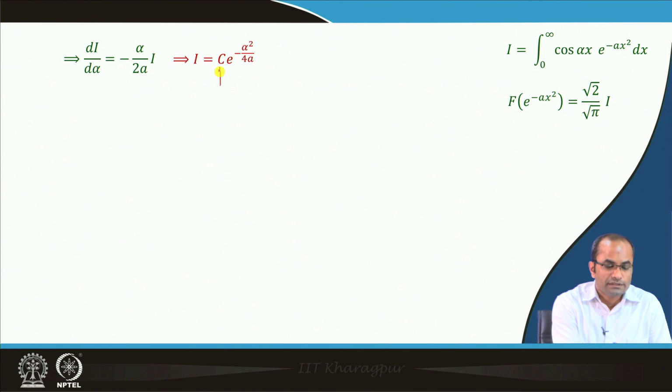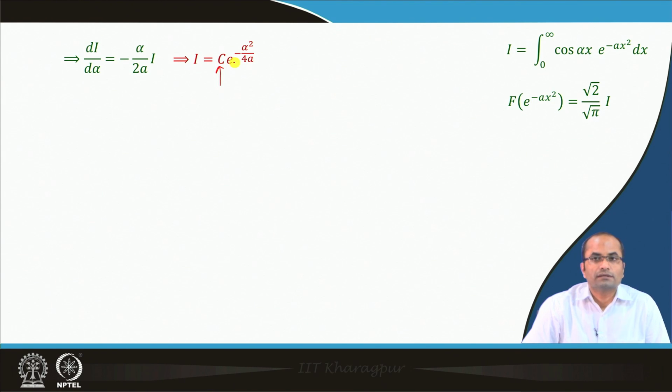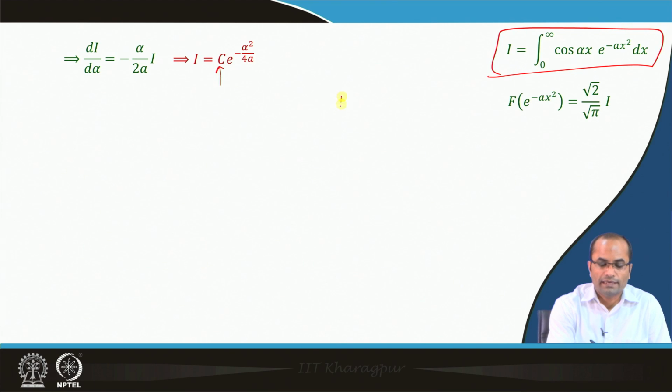And now, the question is how to get this arbitrary constant of integration. Just to recall that we have this I, and the I at 0 is a much more simplified function now, 0 to infinity, e power minus a x square dx.